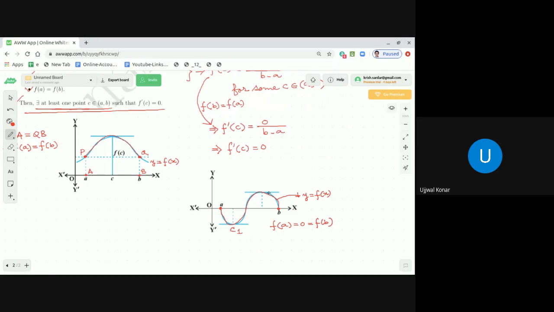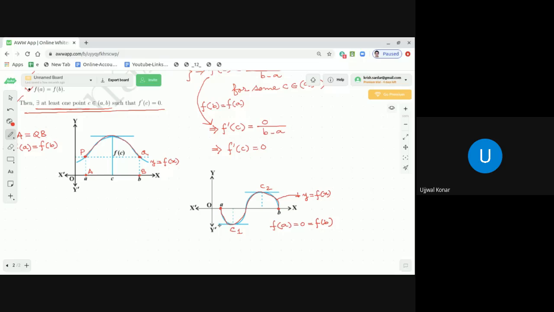And then what we see, dear students, there are 2 points. This point is C1 and this point is C2. In both these points, f dash C1 and f dash C2 are equal to 0. How come we can say? What is f dash C1? f dash C1 is nothing but the slope of the tangent to the curve y equal to fx at x equal to C1.